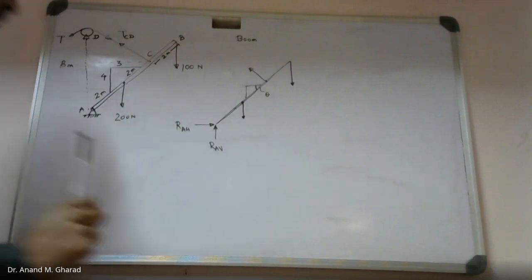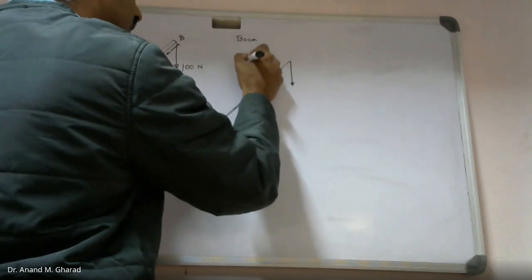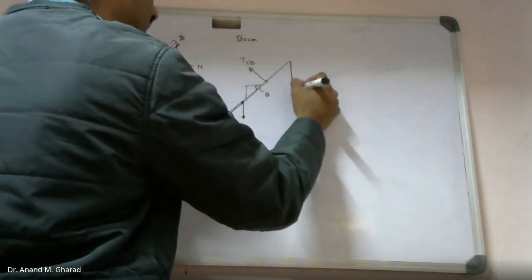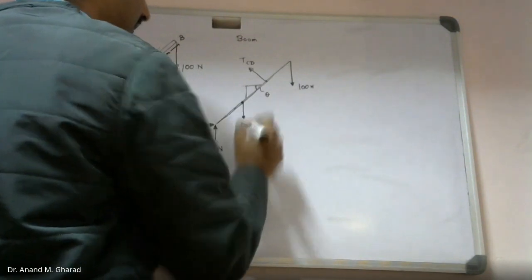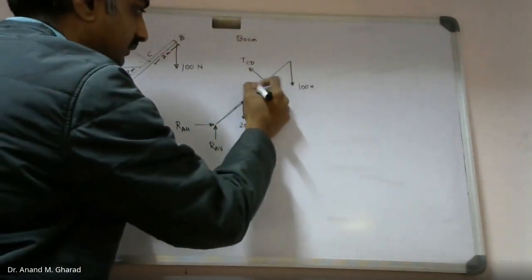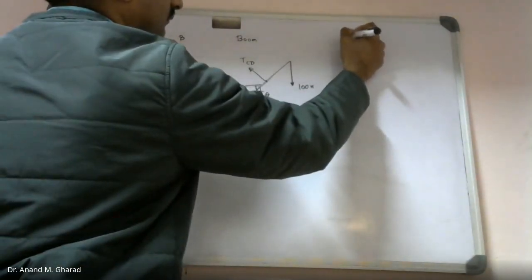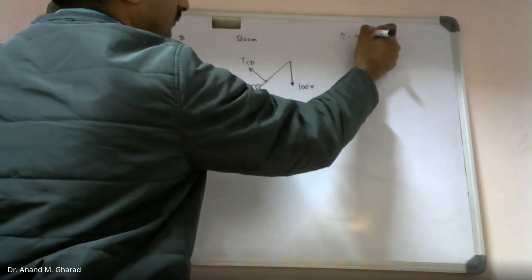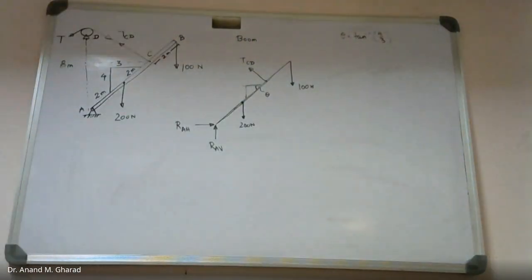And after drawing the free body diagram, TCD, this is 100 Newton, and this is 200 Newton. You identify this theta. What is the theta? Tan inverse of 4/3. That will be the value for theta.